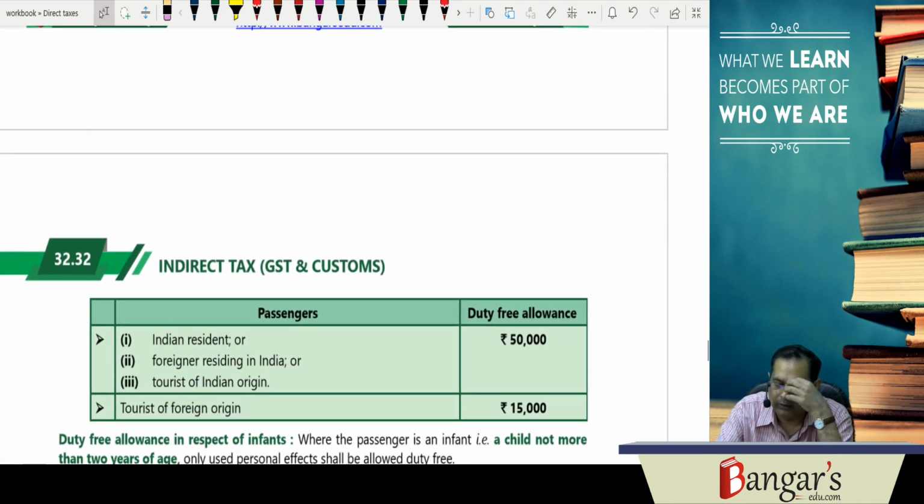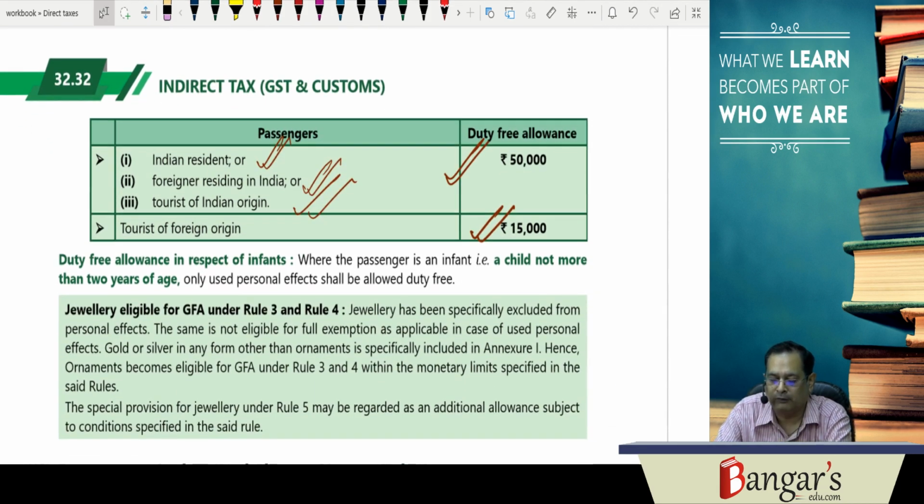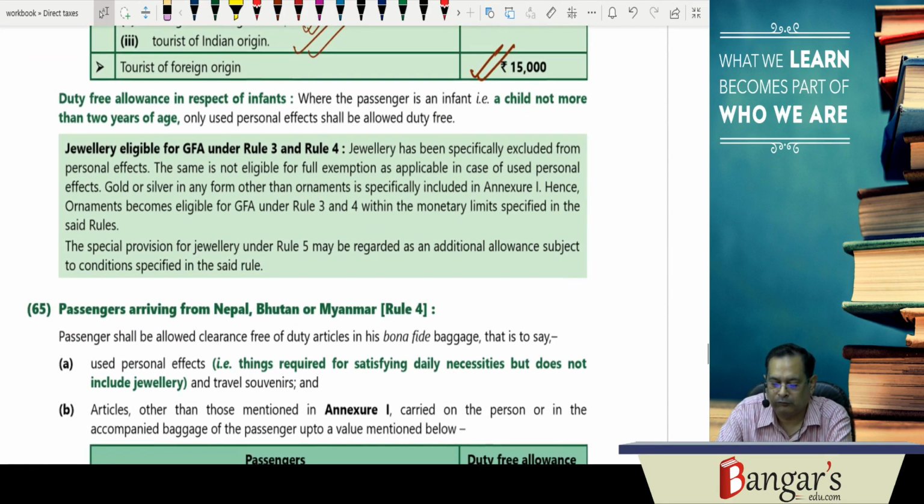In case of Indian residents, the duty-free allowance is rupees 50,000. For foreigners who are residing in India, it is 50,000, and for tourists of Indian origin, it is 50,000. Then for tourists of foreign origin, the duty-free allowance is 15,000 rupees. And in respect of infants, that is children of not more than 2 years of age, they will be allowed personal effects duty-free.